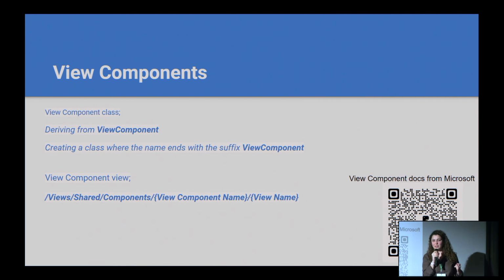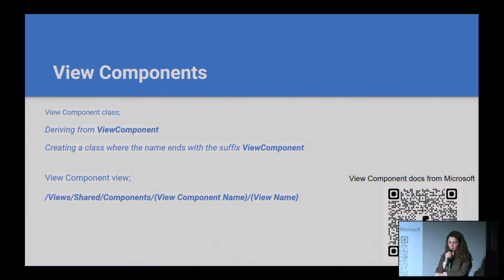We generally said it doesn't actually look nice when it's in the project, so we ended up going with the view name itself. And it also can go like pages, shared, components, view component name, then view name, or default again. Views, custom components, name.cshtml. Views, custom components, name/default. So there's so many ways to do it. I think you would find what is going to be best for you as well.